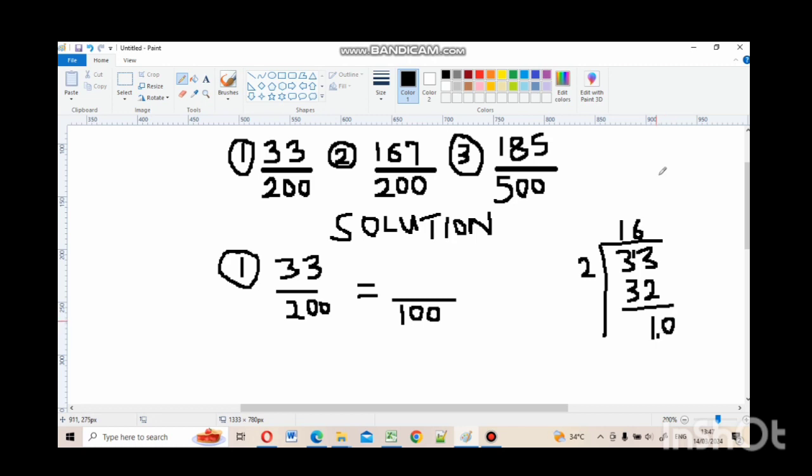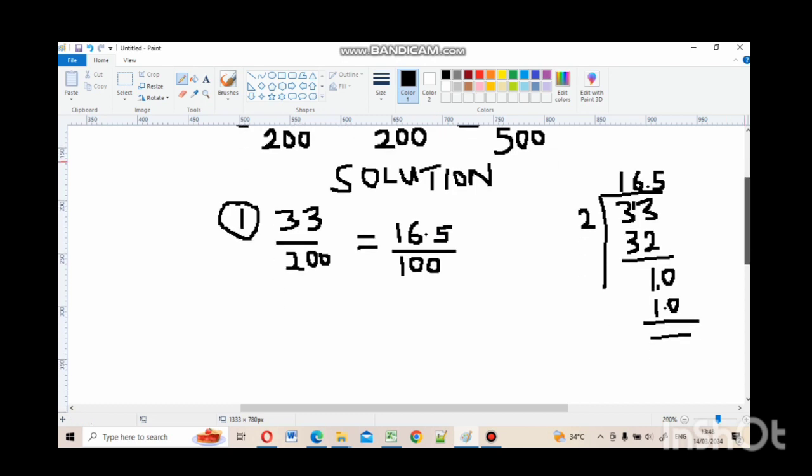Having added a decimal point here, the decimal point here should be here too. 2 times 5, you have 10, so nil here. So 33 divided by 2 is equal to 16.5.